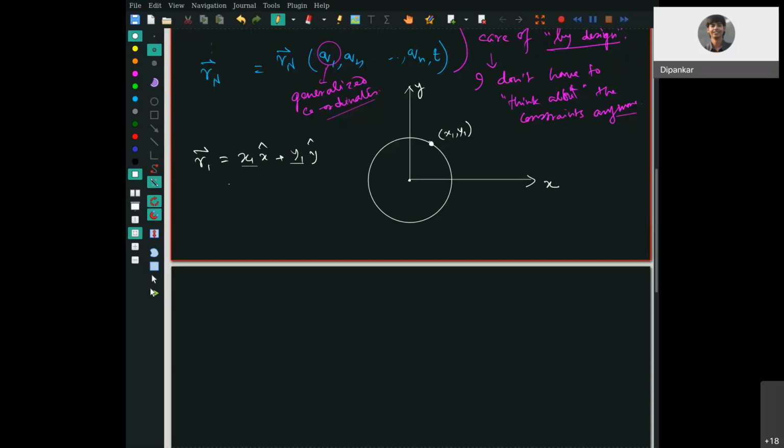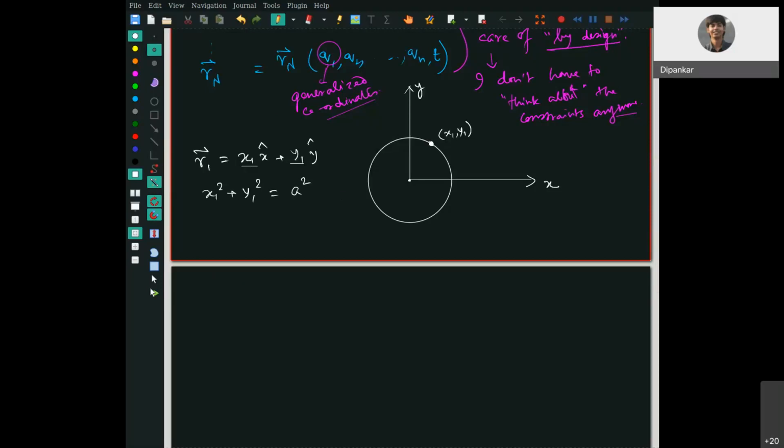So x1 and y1 are the 2 degrees of freedom that we would expect, but it satisfies x1 square plus y1 square equals a square, if a is the radius of the circle.